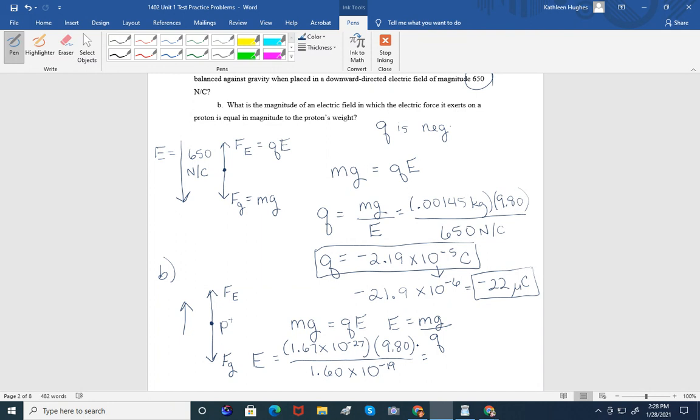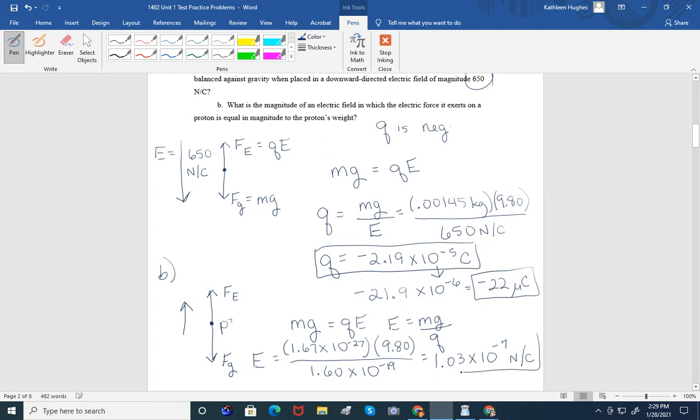Let's see, I typed this in, 1.67 times 10 to the negative 27 times 9.8 divided by the charge, 1.60 times 10 to the negative 19. And I get that the electric field that we're going to need is 1.03 times 10 to the negative 7 newtons per coulomb.